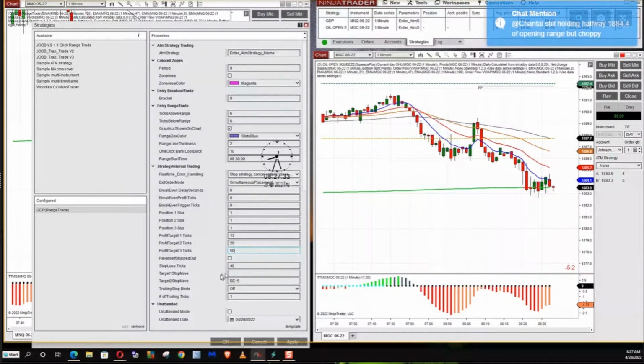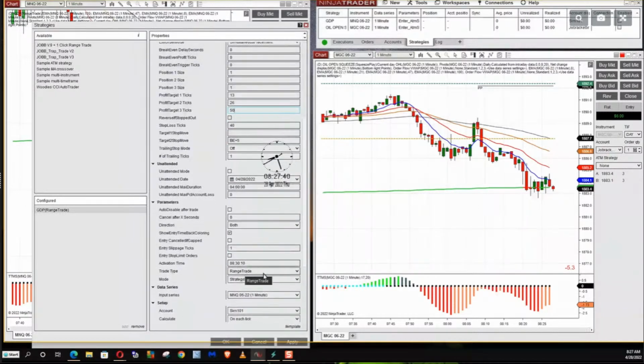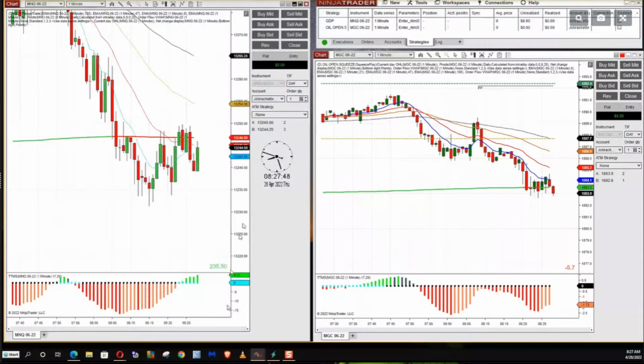Stop of 40. If my second target's hit, it's going to move to break even plus 5, and the range ends at 830.10. If I hear the news is late, then I'll cancel because the range is nullified if the news is late. Okay? It's nullified.